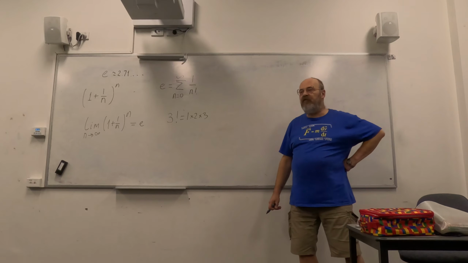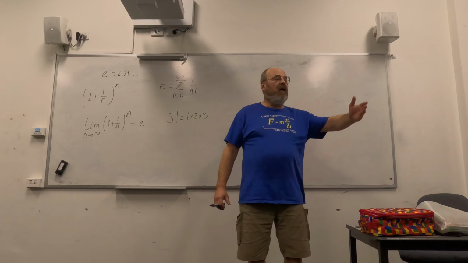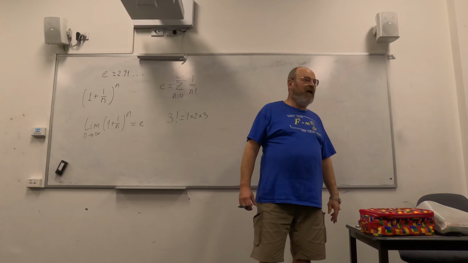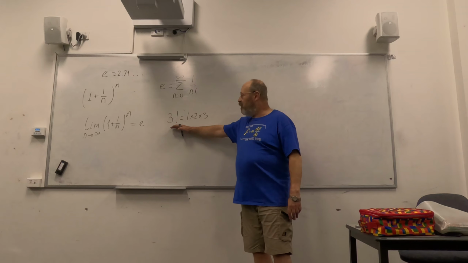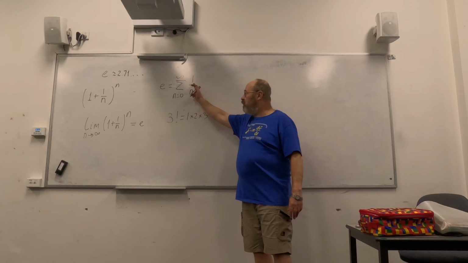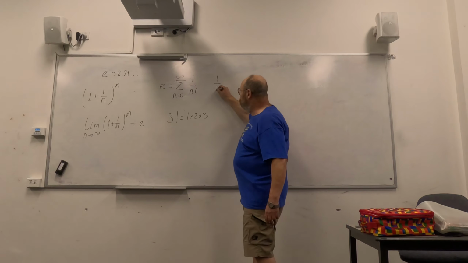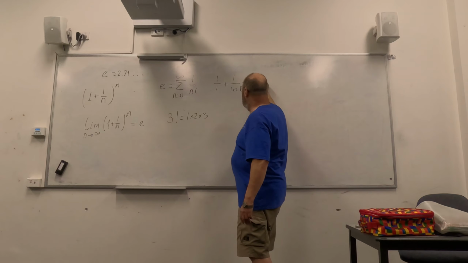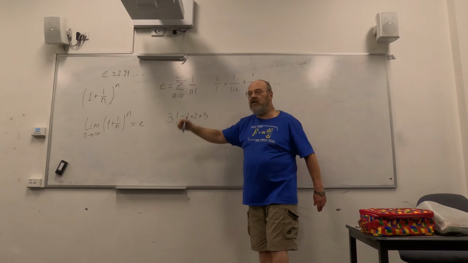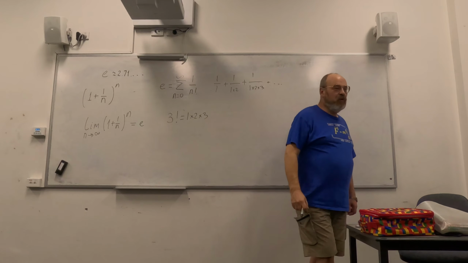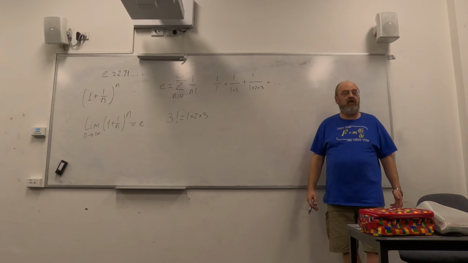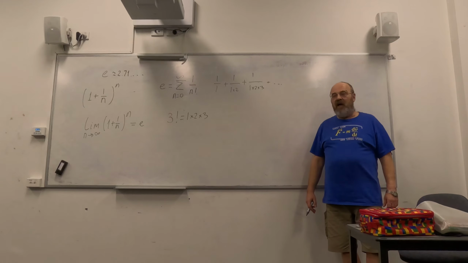And if we calculate 1 on 1, plus 1 divided by 1 times 2, plus 1 divided by 1 times 2 times 3, and we continue, we'll get to the same number. That's what Euler found, and that's why it's called Euler's number.